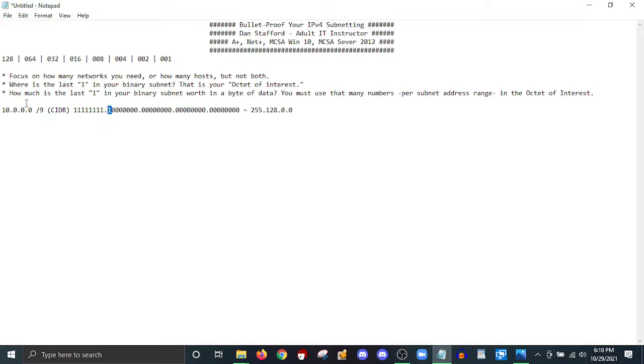All right. If I had a /10, that would mean my subnet mask would have 10 ones. 1, 2, 3, 4, 5, 6, 7, 8, 9, 10. All that is saying is how many ones do I have in my subnet mask? That's all that means. That's it. And then, of course, I'd have 128 plus 64, which gives me 192.